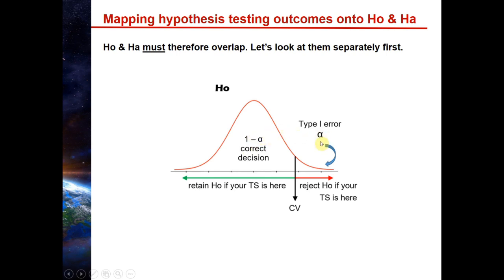If we are in alpha, this area here, a rejection zone, that's the probability of making a type 1 error. That is where you would reject H0, but it could be a mistake. We don't know, but it could be a mistake, a type 1 error. 1 minus alpha is the area where you would make a correct decision. 1 minus alpha means that your TS must not have been bigger than the CV.